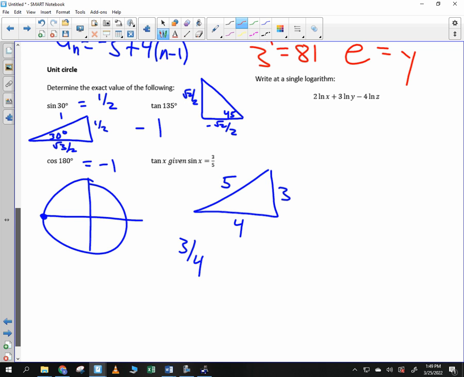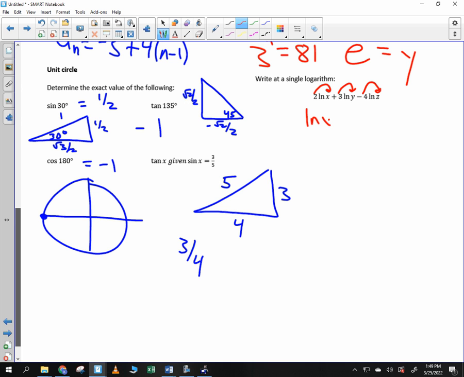All right. 2 natural log of x plus 3 natural log of y minus 4 natural log of z. I want to write it as a single logarithm. Do you remember the properties I can use? What am I going to do with this 2? Yeah, make it an exponent.